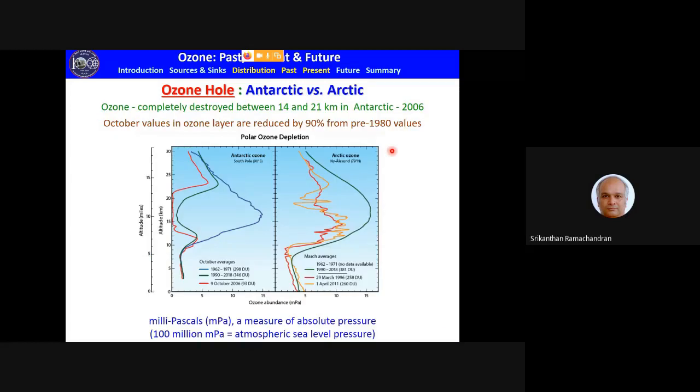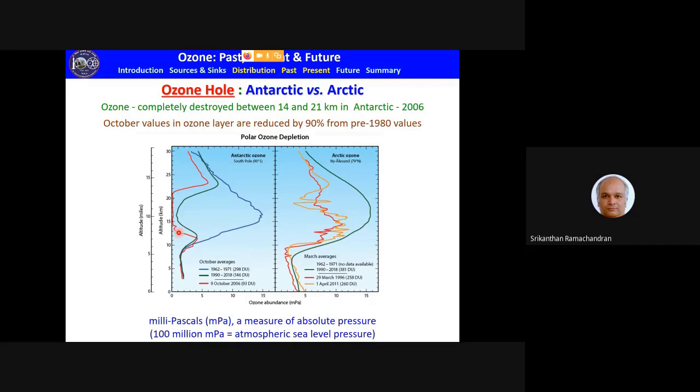Now, we saw that both the polar regions get affected by the chlorofluorocarbons and ozone depletion, but the patterns of decrease are not the same. In Antarctic, for example, these are about 50 years of measurements that we are looking at, the average, and the years when the ozone depletion was at its maximum, meaning the values were minimum.